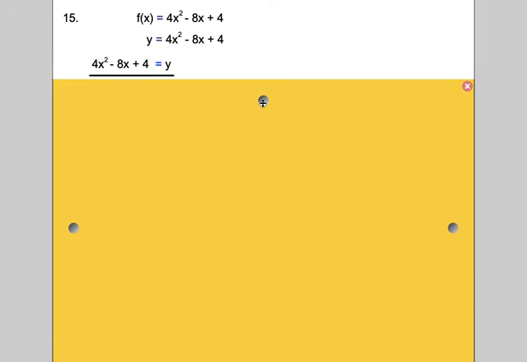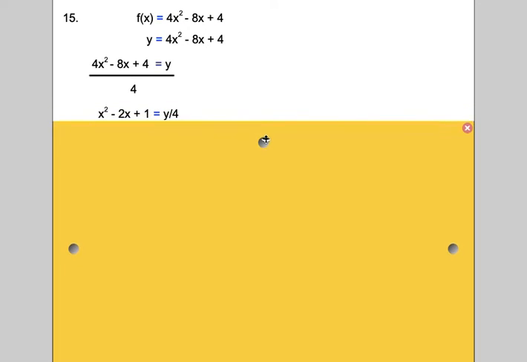Divide everything by the coefficient, and it doesn't matter what the number is. If it's positive, if it's negative. If it's just a -1, you still divide by it. Divide by 4. That becomes x squared minus 2x plus 1 equals y divided by 4. And you could write it as a fraction as y over 4.